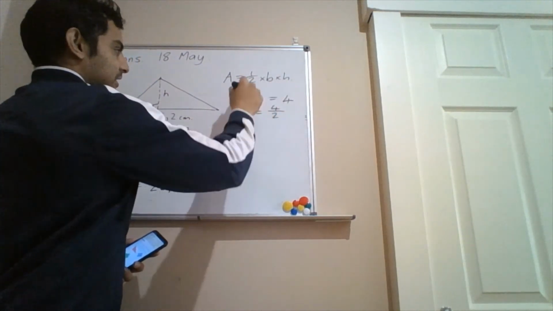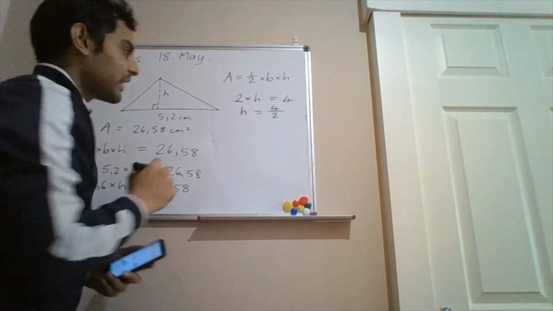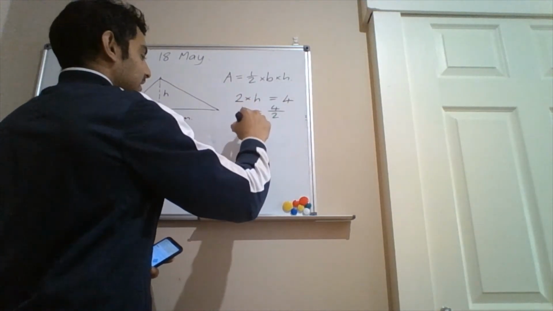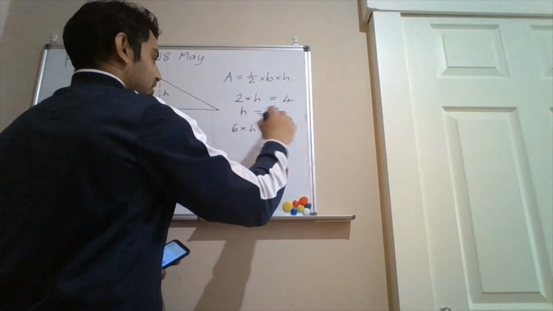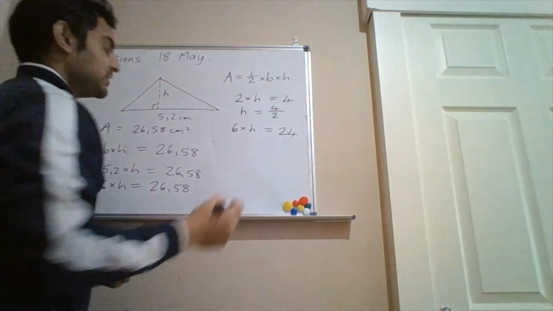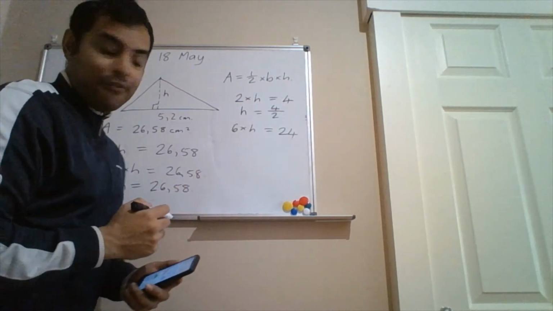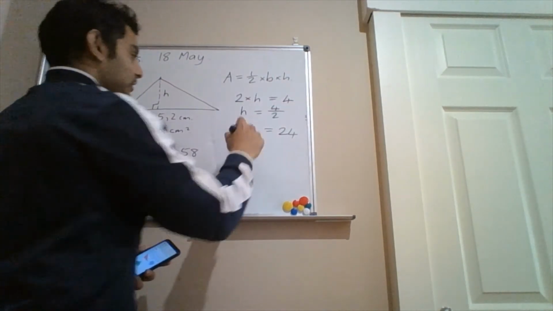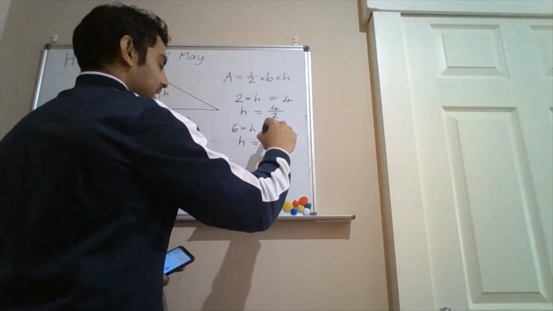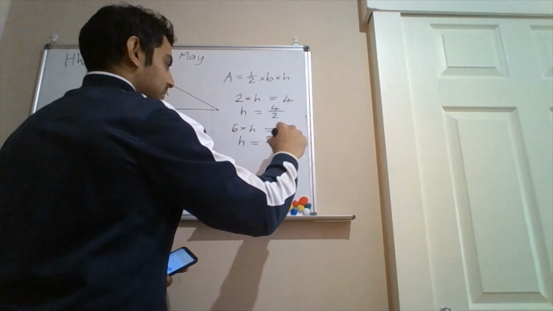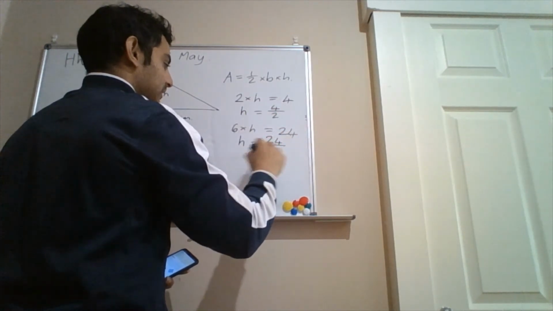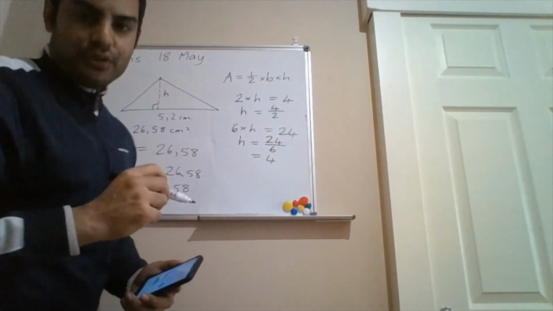So it's this one divided by this one. Same story if we have 6 times h equals 24. You might instantly see that h must be 4, because 6 times 4 is 24. And if we work it out using the equation, it's this number divided by this number. So it's 24 over 6, which is 4.